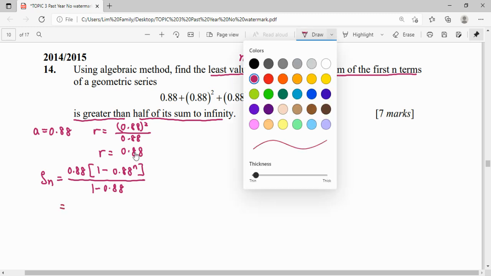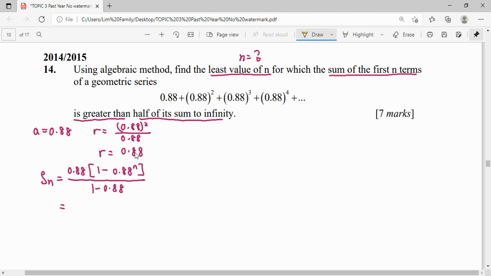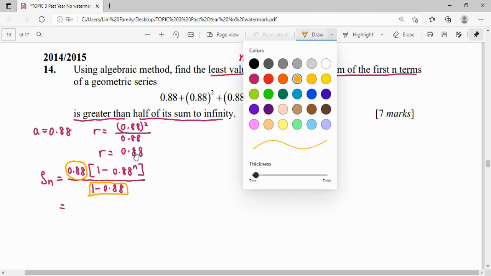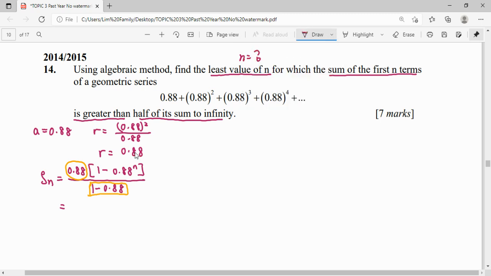We only can simplify the value here, 0.88 divided by 1 minus 0.88. This will give us 22 over 3. Inside the bracket we cannot do anything because it is in indices form already. So that is our first part, the sum of the n terms.